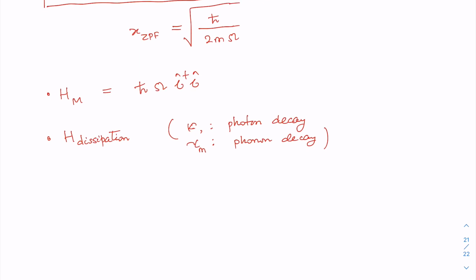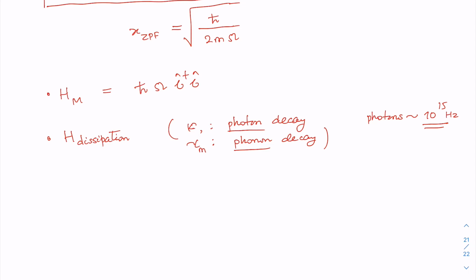There is however one important difference between photons and phonons. Photons have a frequency of oscillation in the range of 10 to the power 15 hertz, and so the reservoir to which they are effectively coupled is considered to be at zero temperature because the oscillation frequency is so high.